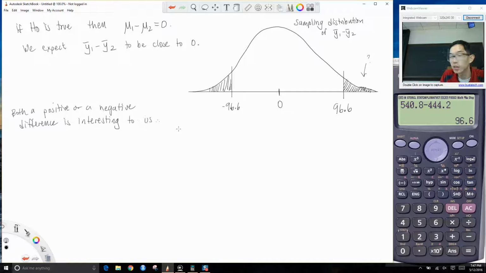So we want to know what's the probability that random chance would give us y bar 1 minus y bar 2 of 96.6 or more, or negative 96.6 or less.